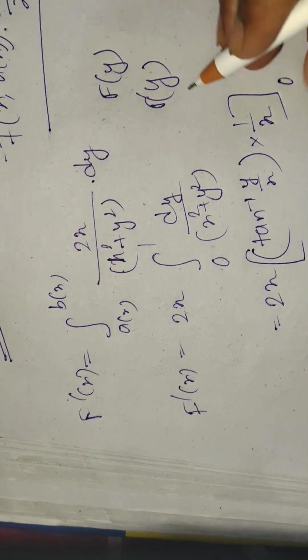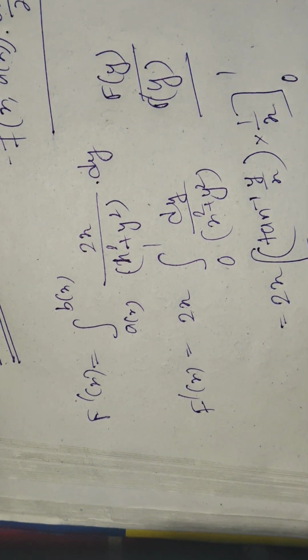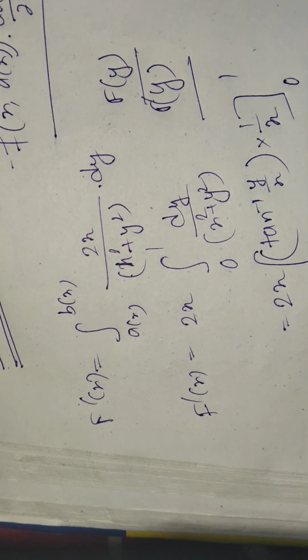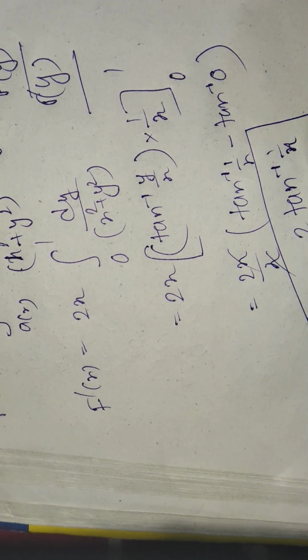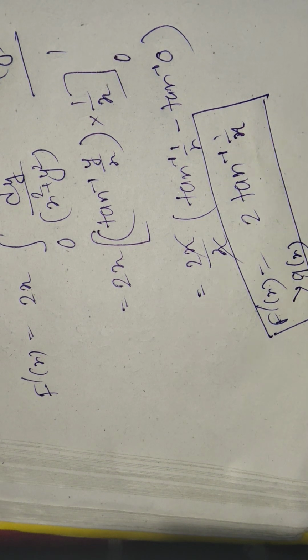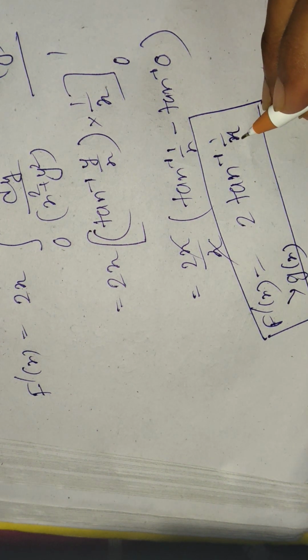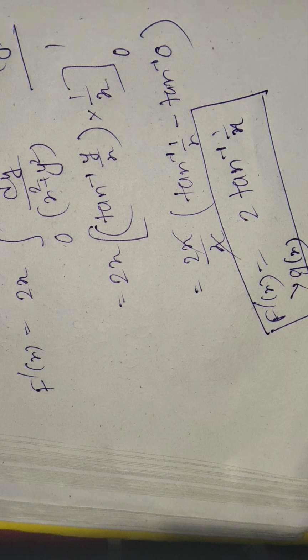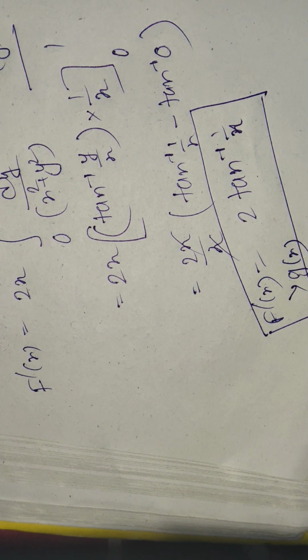So if the examiner gives this, then the answer will change a little bit. Actually x will be replaced by y in that case. It depends on the function, but in that case it will not change.